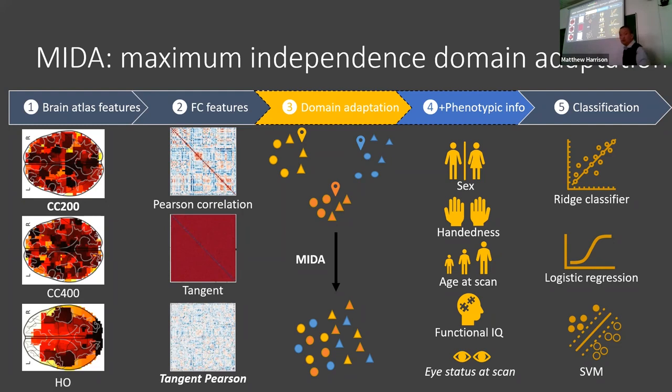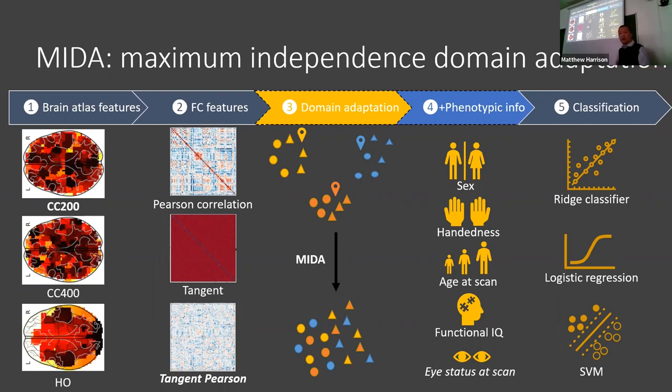So basically, for the whole pipeline, we take the brain network feature, that's the brain atlas, and then we compute the network features over here. That's just 3 different ways of computing features. And then we do domain adaptation so that the feature view goes from site specific to something more homogeneous and evenly distributed, so that we can learn and do this.